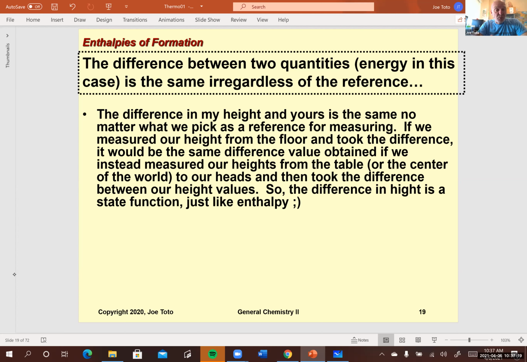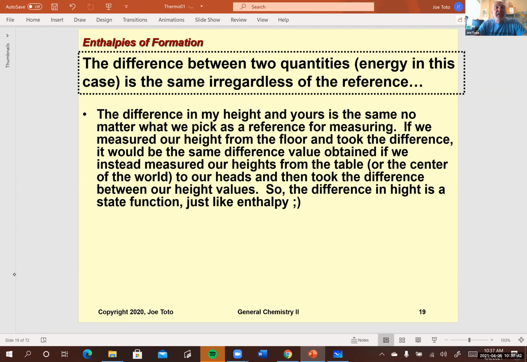That gives us what we want, which is the difference in our heights. And it's the same thing with enthalpy, except enthalpy is a lot harder to measure in absolute terms. Our absolute height's easy to measure. We could just get a tape measure out from our toe to our head.